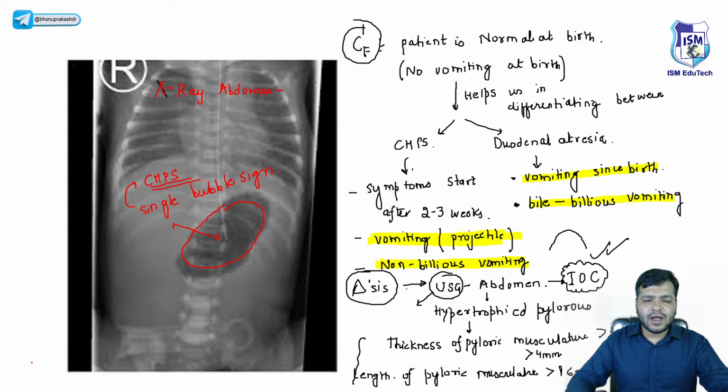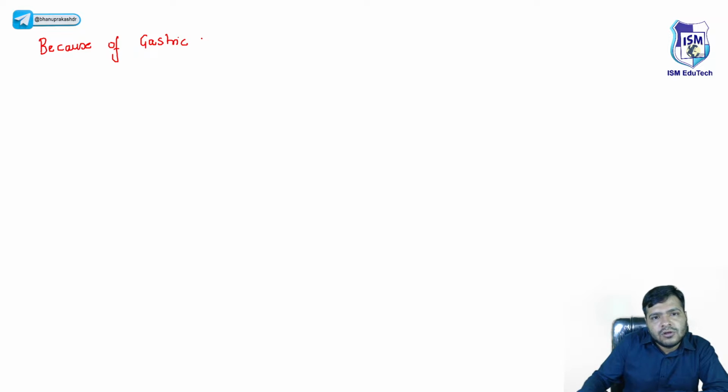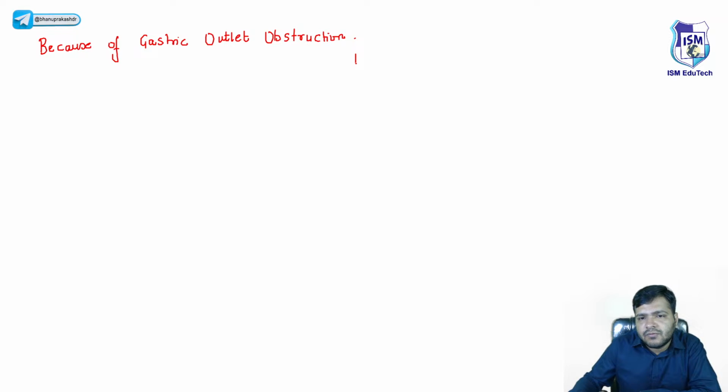Very good. Now we have to understand some metabolic pathology that results over here. So now guys, what happens? Because of gastric outlet obstruction, let us try to understand this.